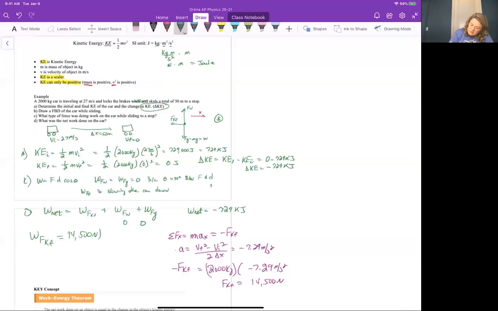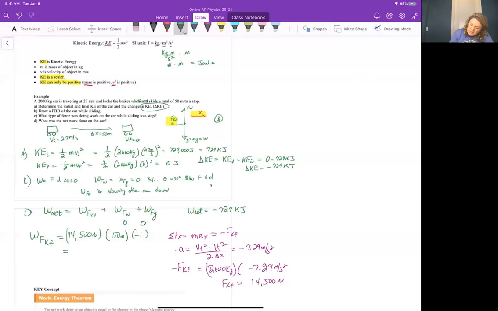So let's go back to our work done by kinetic friction, and that is equal to 14,500 newtons times the displacement d, right? So that's 50 meters times, well, what's theta, cosine of theta? Well, if I'm traveling to the right and the force of kinetic friction is to the left, my angle is 180 and cosine of 180 is -1.